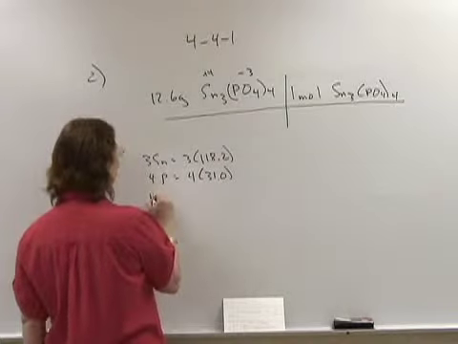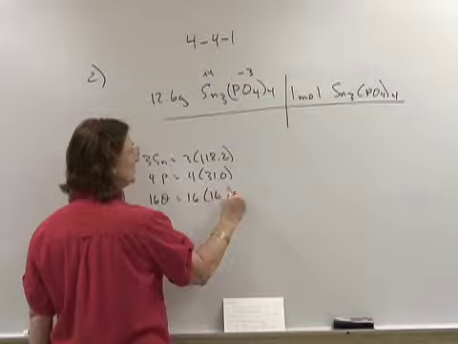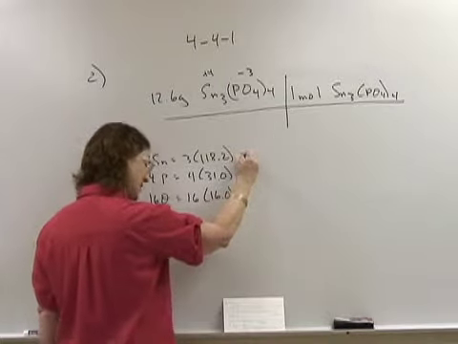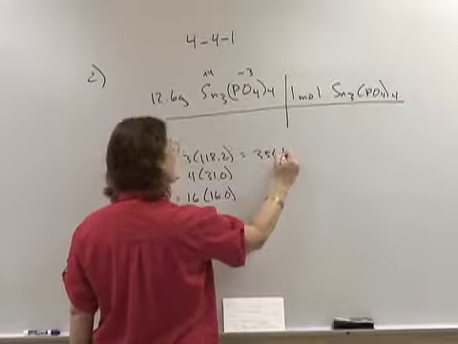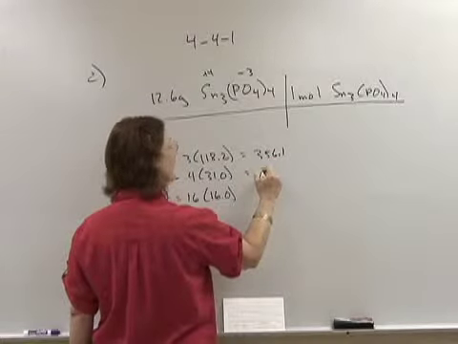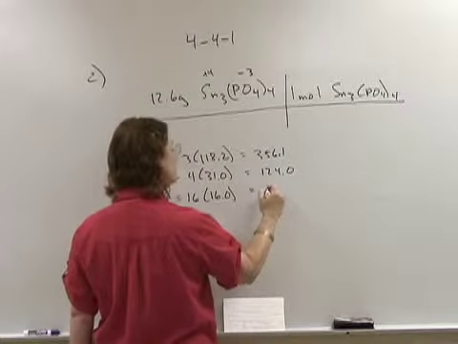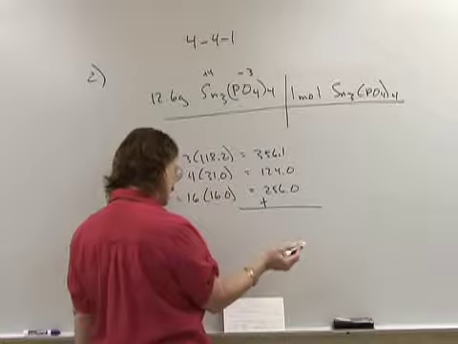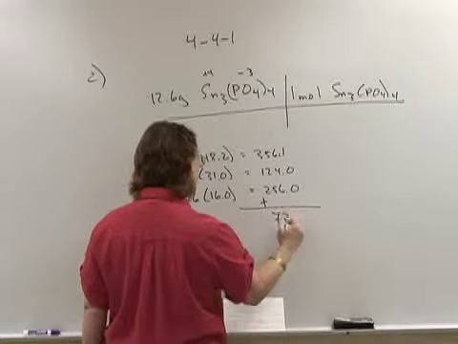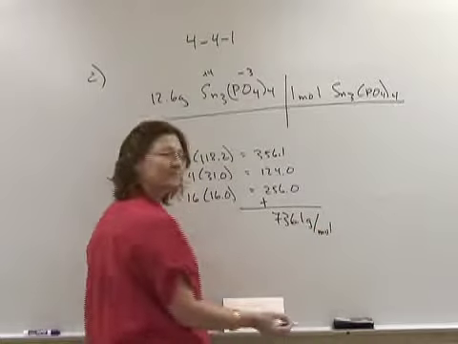And we have 16 oxygens, which is 16 times 16.0. And I multiply them out again, and I get 356.1 and 124 and 256. And I add the total AMUs, and I get 736.1 grams per mole here.